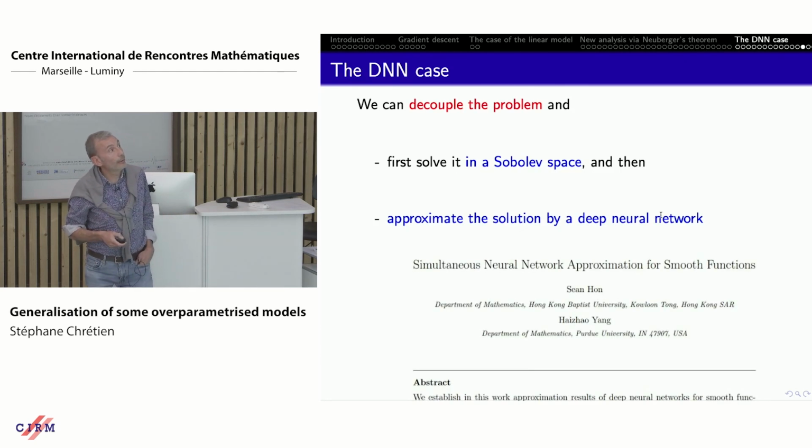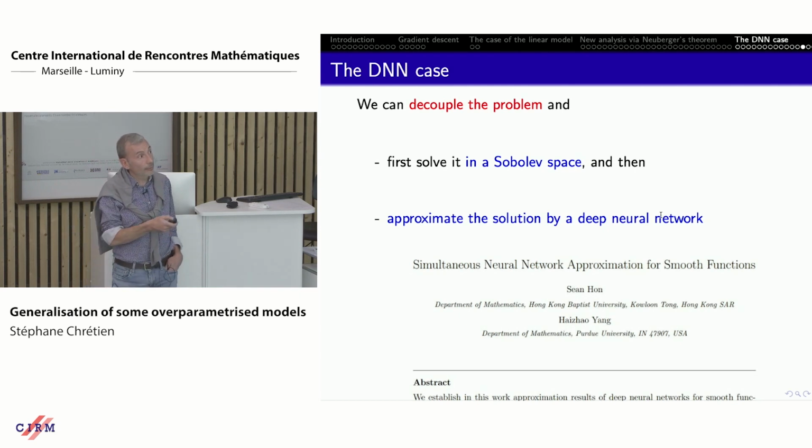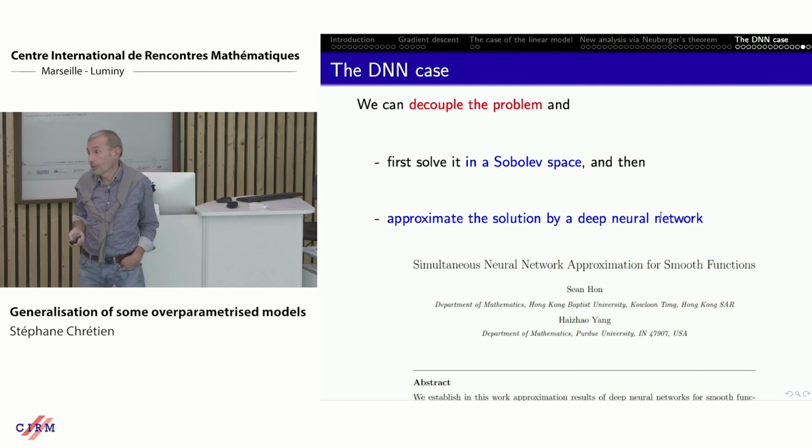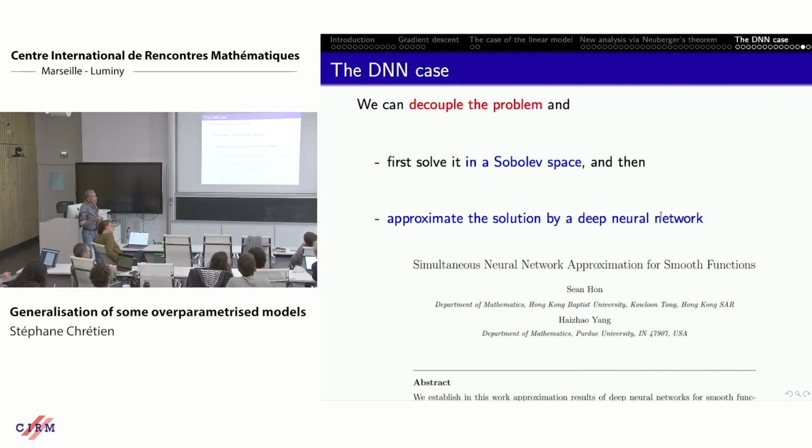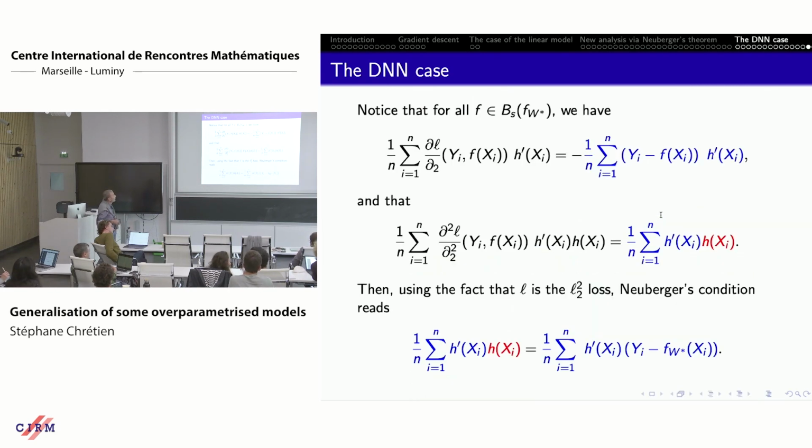So the proof is very easy. You first solve it in the Sobolev space, and then you approximate the solution. And there is a very nice theorem by Hon and Yang that provides you all the details, and all the constants are explicit. So there is nothing under the carpet if you use that theorem.